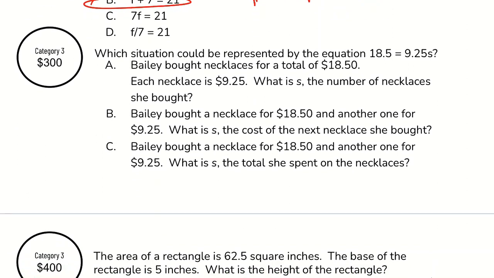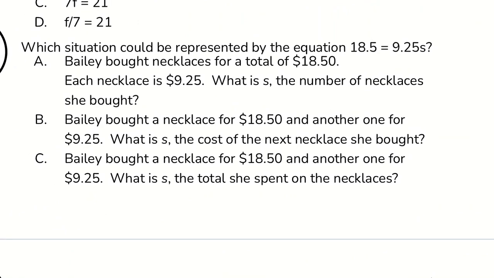Okay, which situation can be represented by the equation 18 and 5/10 equals 9 and 2500ths, and that little s we're timesing, 9 and 2500ths times s. So let's look at A. I'm going to mark it up as we go. Bailey bought necklaces for a total of $18.50.